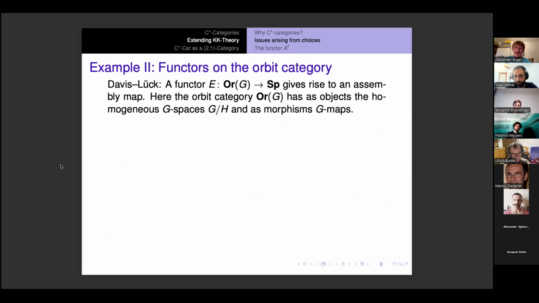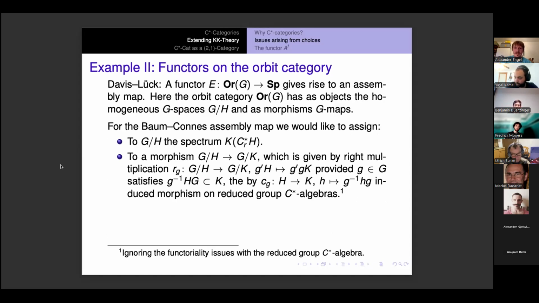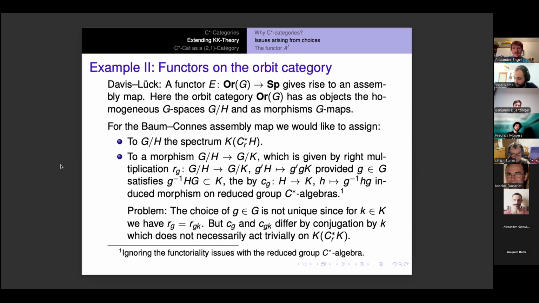And you have the same thing happening in this example. Recall that here, where was the choice? It was for the morphisms, where we said that every morphism between two such homogeneous G spaces is given by right multiplication by a group element small g.